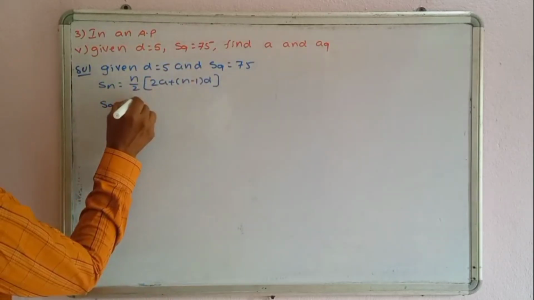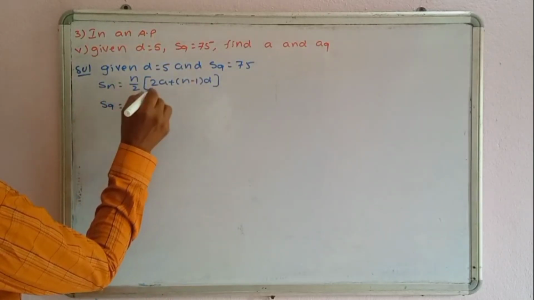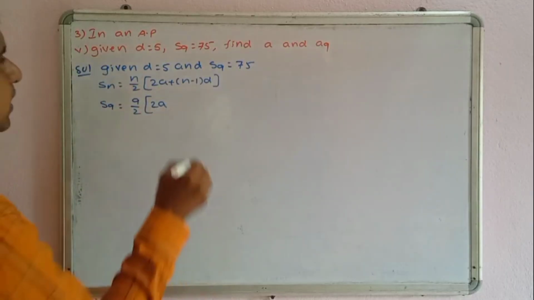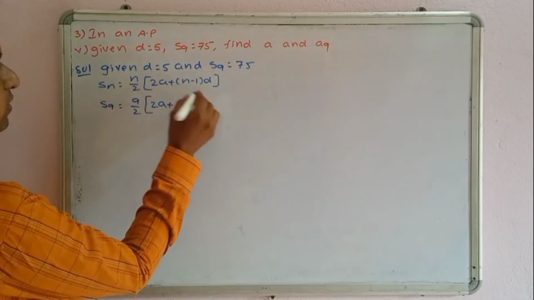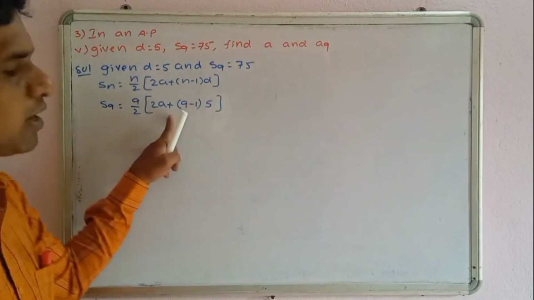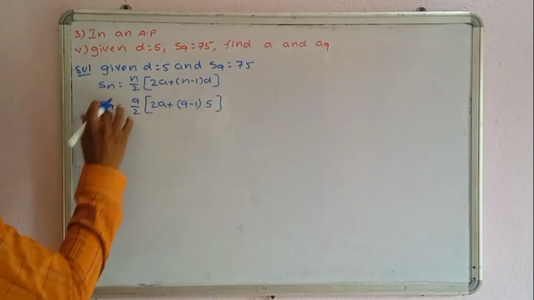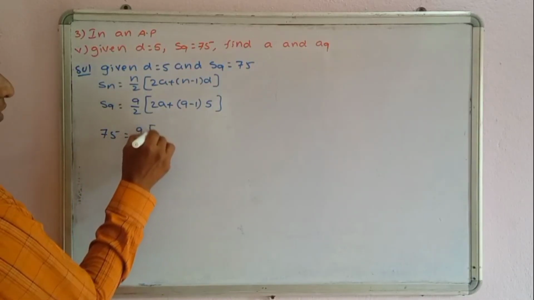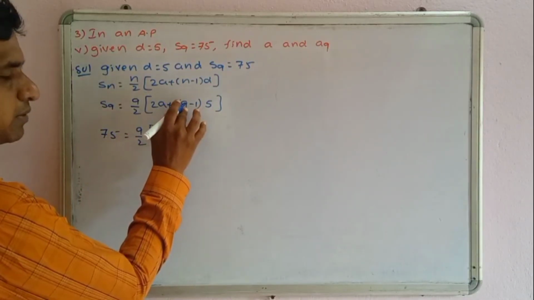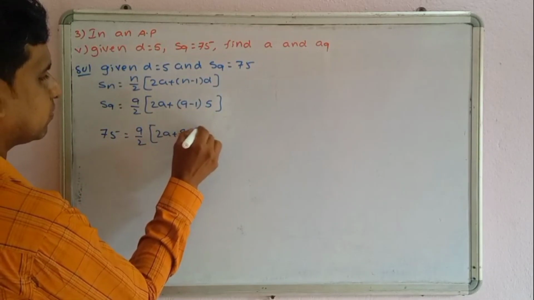Since S9 equals 9 by 2 into 2a plus n minus 1, where n is 9, so 9 minus 1, into d value 5. I don't know the value of a, first find the value of a. So S9 value 75 equals 9 by 2 into 2a plus 8, since 9 minus 1 is 8, into 5.